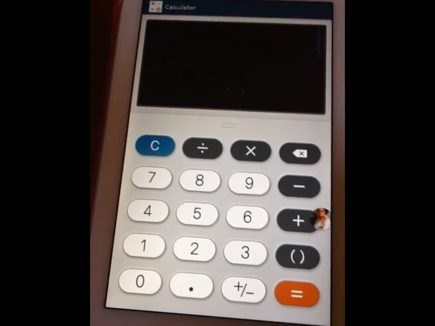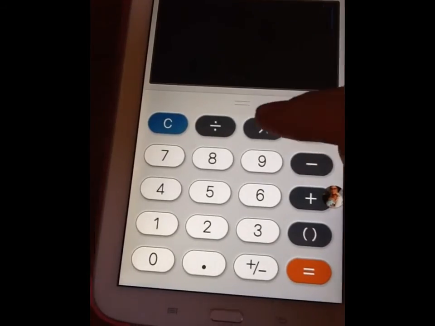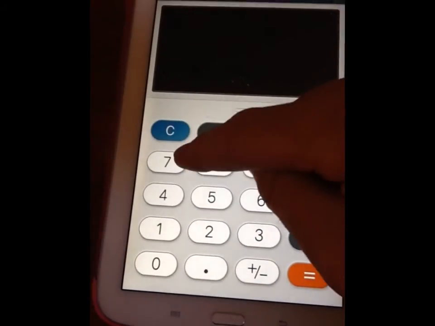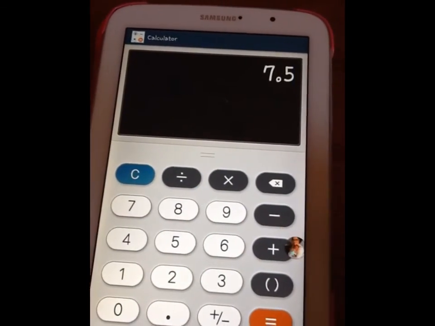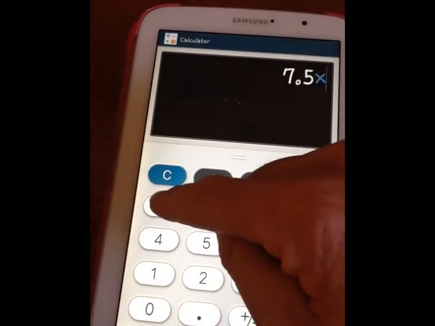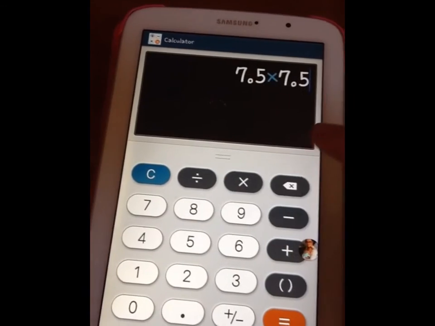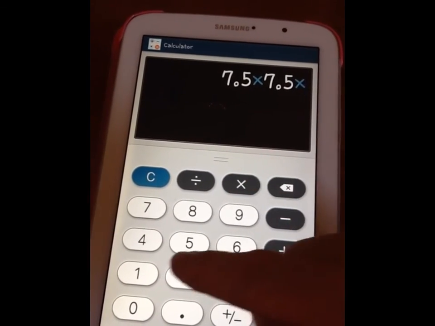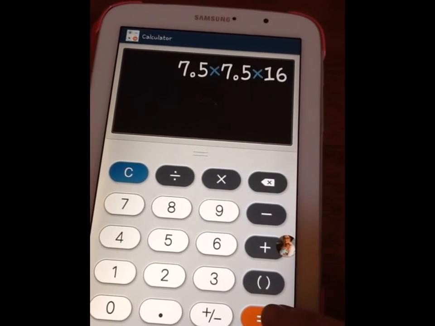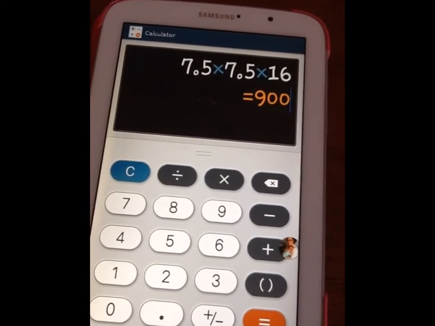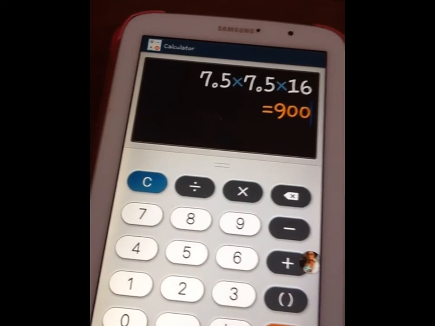Now, to calculate our volume, we need to multiply the width by the length times the height. So it was 7.5 times 7.5 times 16, which equals 900 cubic centimeters.